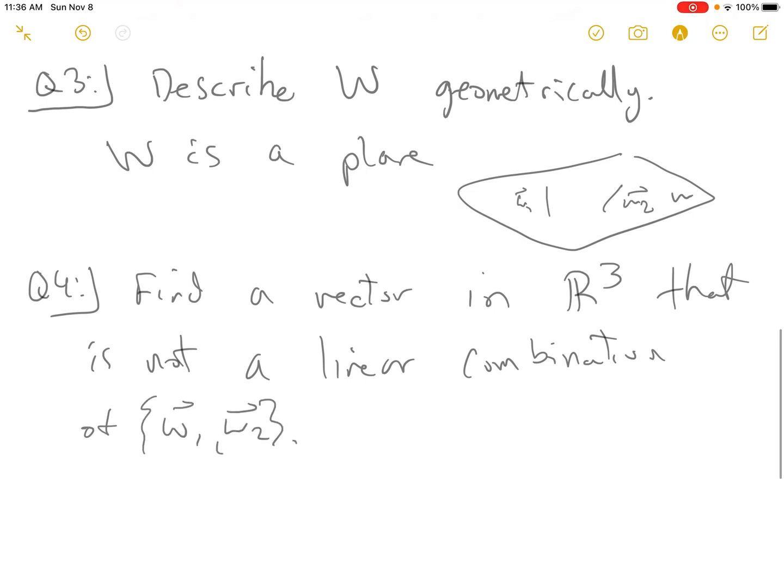In other words, if I give you a vector and you show me that W1 and W2 produce it, then that vector is in W. And I'm looking for a vector that's not in W, but in R3.